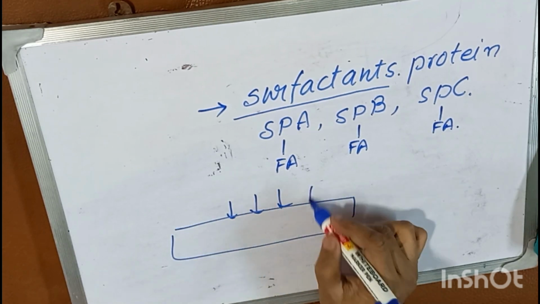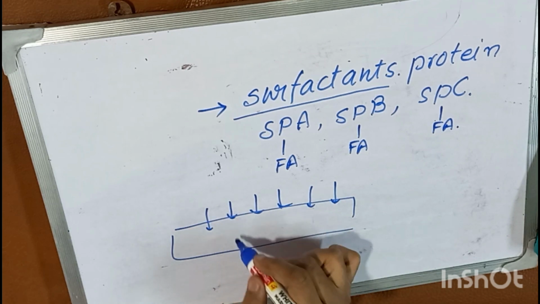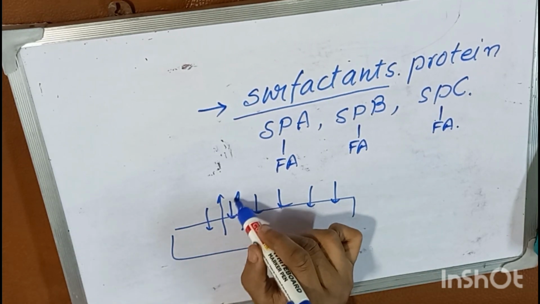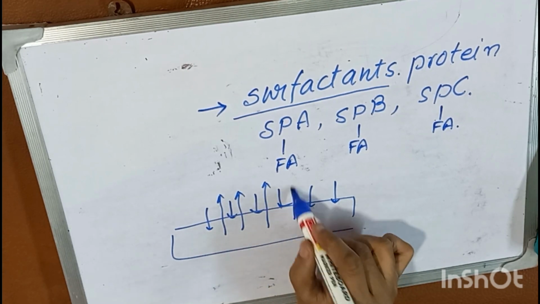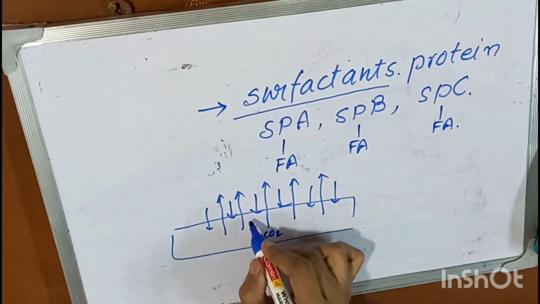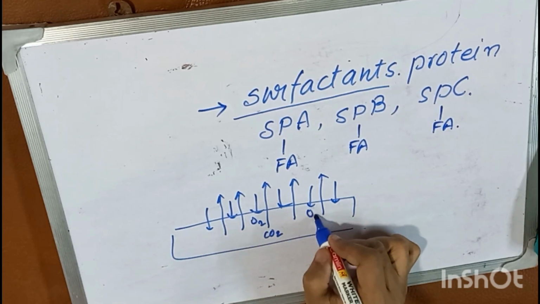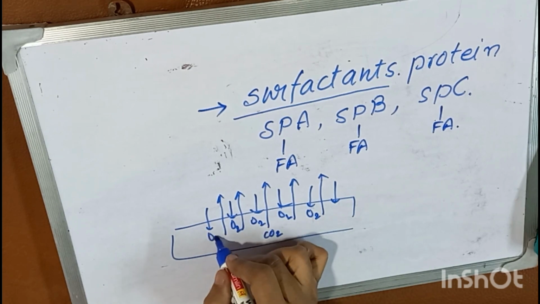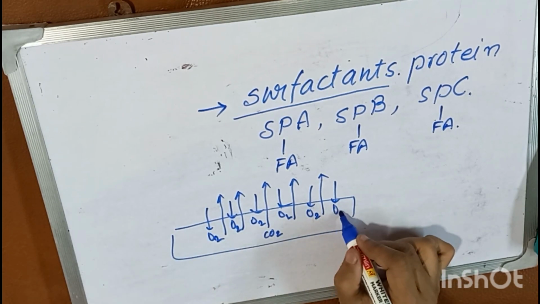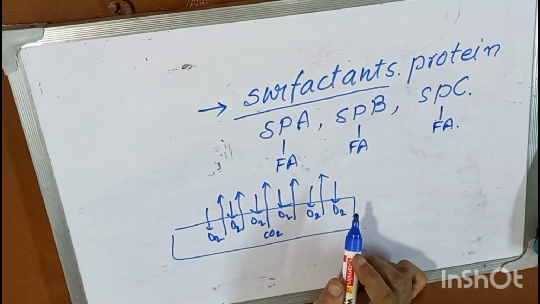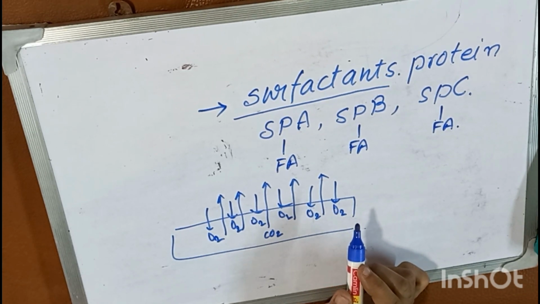The liberation of carbon dioxide is also by diffusion. So these are all surface dependent processes. Lowering of surface tension is very important, and maintaining a huge surface area is very important.